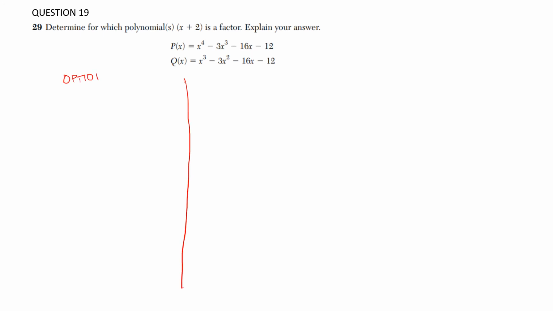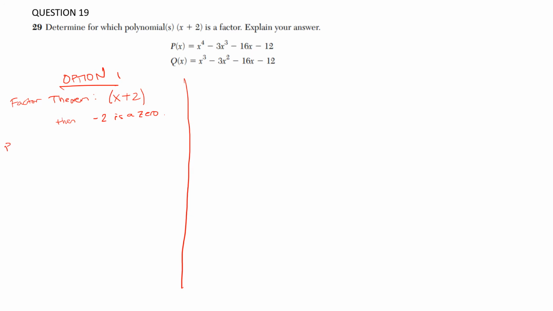So option 1, we're using again the factor theorem, which generally boils down to if x plus 2, or x plus a, whatever it is, is a factor, then here we have negative 2 is a 0, which means when you plug in negative 2 into the function, it should get you back 0. And that again is because x plus 2 is a factor, via the factor theorem.